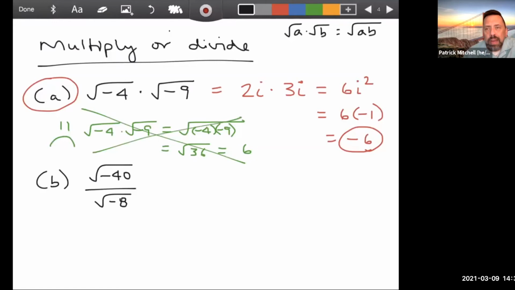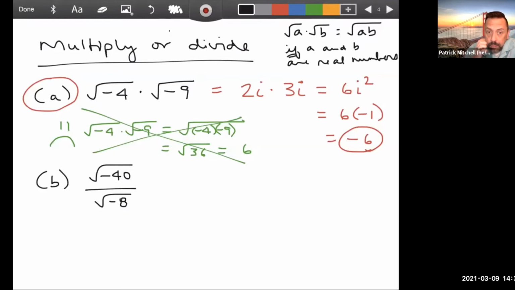Well, if you go back to that section and you read the fine print, there was a note on that product rule that said that this is only if a and b are real numbers. So that does not apply in this problem. Okay, so that's why we have to do it the way we did it.